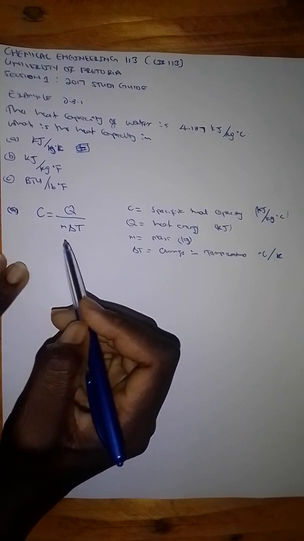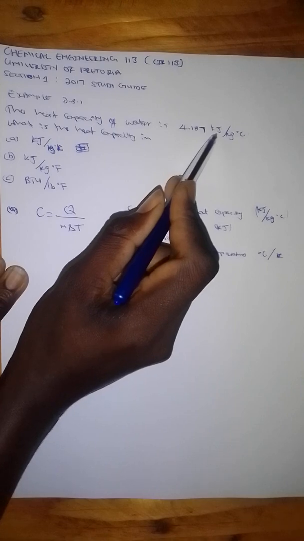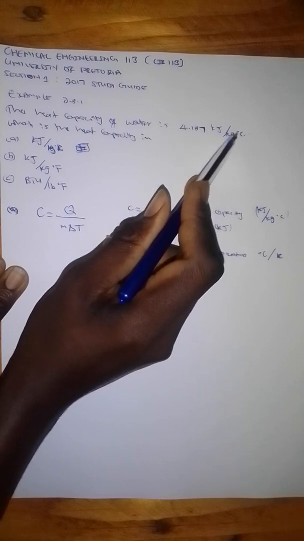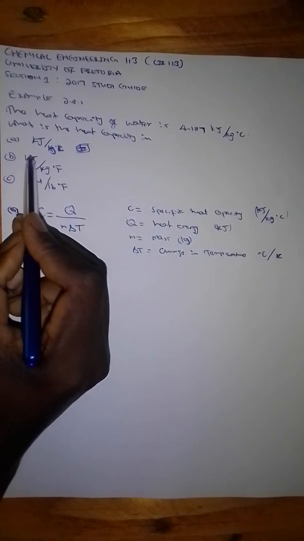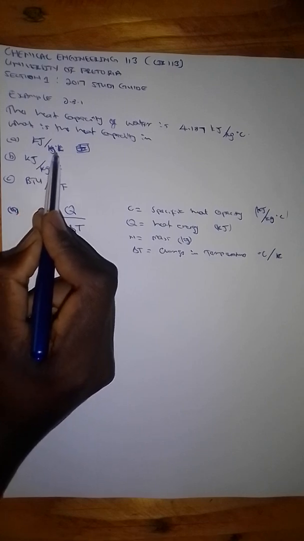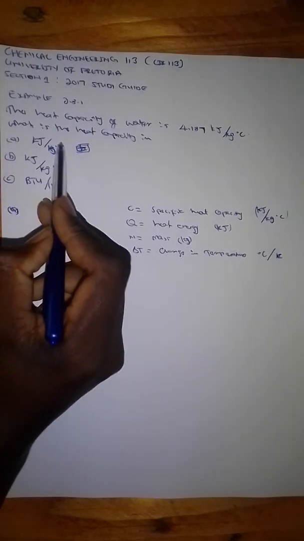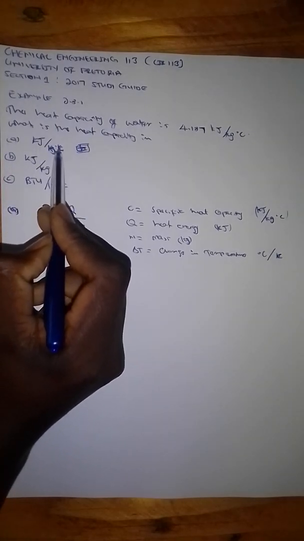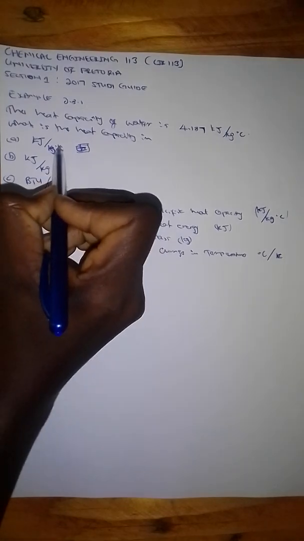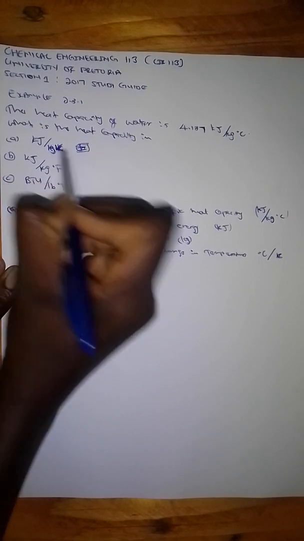Now when they say that the heat capacity of water is 4.187 kilojoules per kilogram degrees Celsius, what is the heat capacity in kilojoules per kilogram Kelvin? We realize that in A, they changed only the temperature. Let me put the K clearly here.